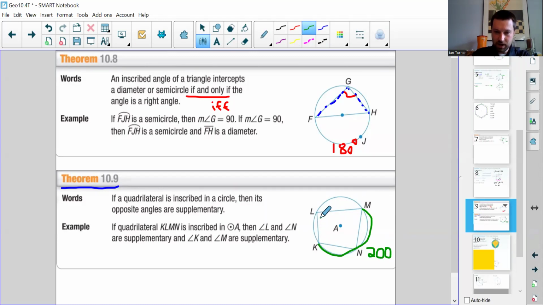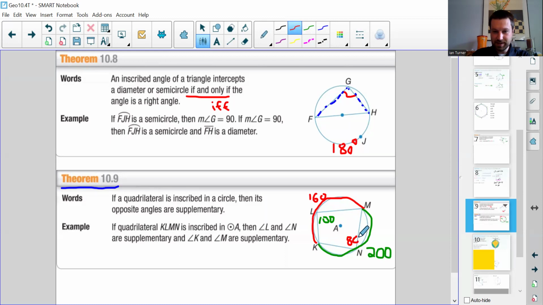Angle L would have to be 100. Okay, but we went around the circle and we did 200 degrees. So my other side, KLM arc going this way, has to be 360 minus 200, which is 160. Well, the angle that intercepts that arc is angle KNM down here. Then that means it has to be 80.